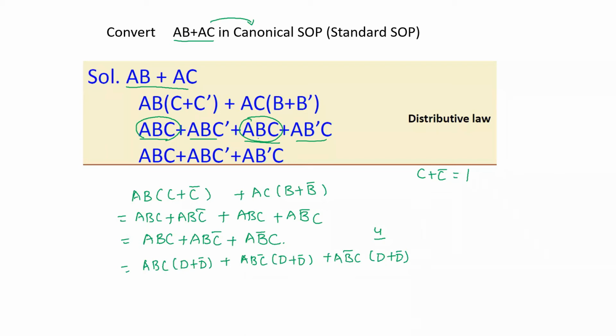This is quite a simple thing, and you will make it into a canonical sum of products or standard sum of products. So I hope you get the idea of how you can make your system standard from non-standard, or canonical from non-canonical form.